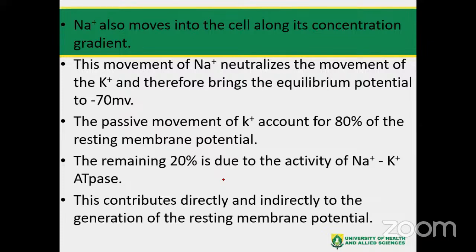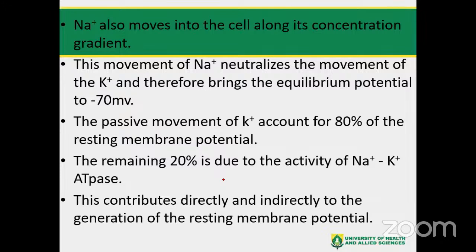Okay. Now, coming to the factors that bring about this minus 70 at the resting membrane potential. Number one, we said, I believe you've written that one down, is the passive movement of potassium ion. And this accounts for 80% of the resting membrane potential.